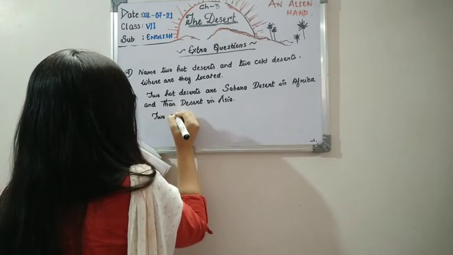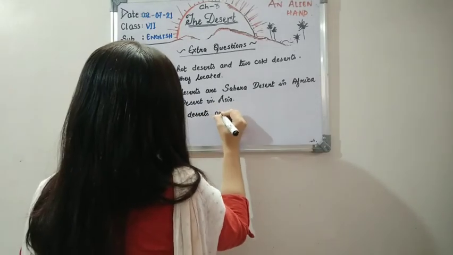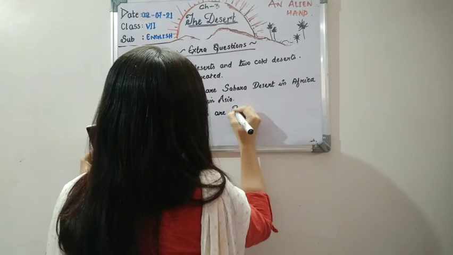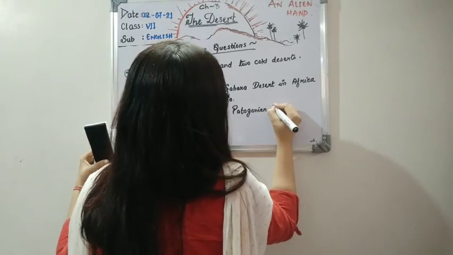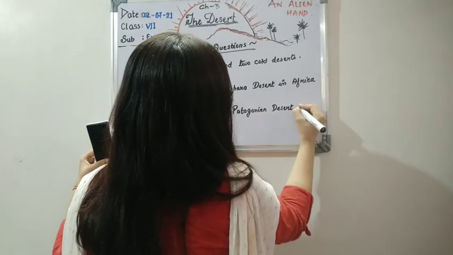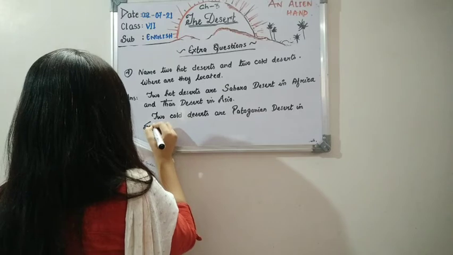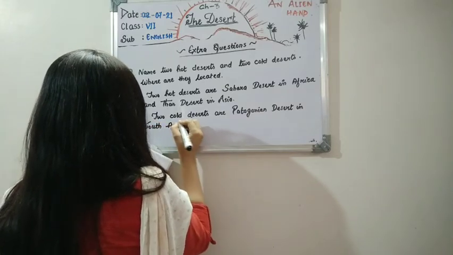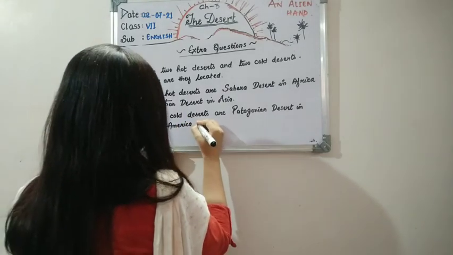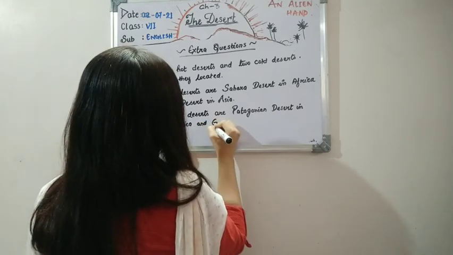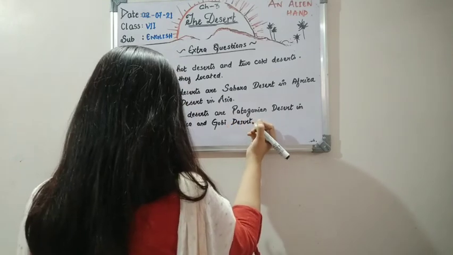Two cold deserts are Patagonian Desert in South America and Gobi Desert in Asia.